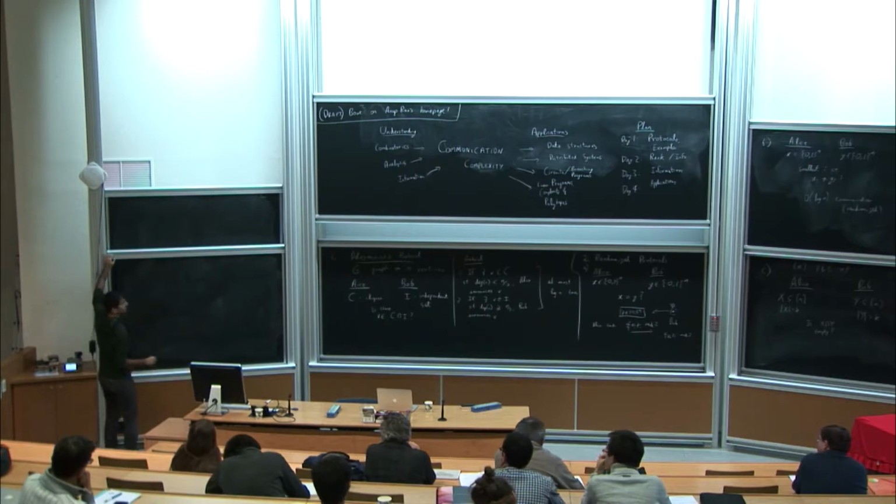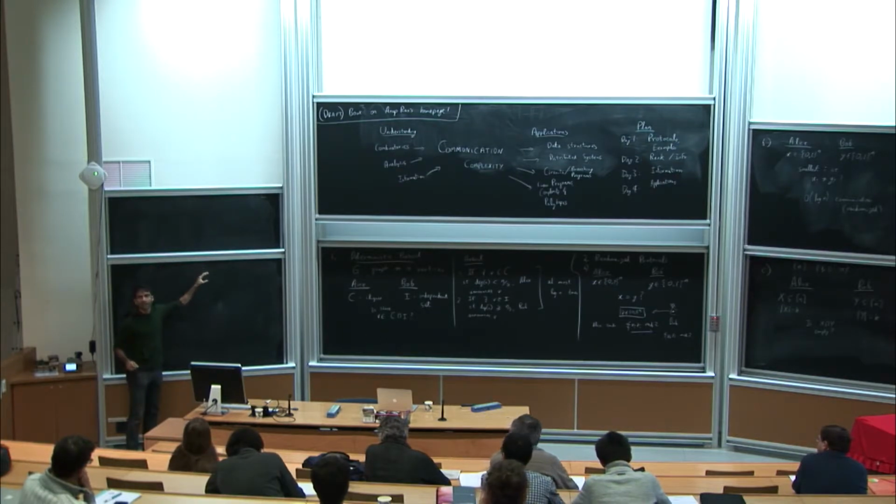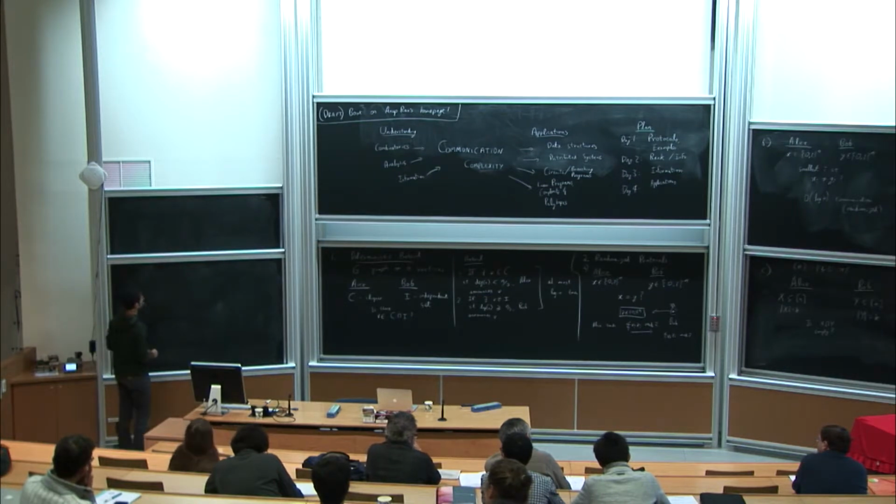So this is a protocol due to Hastad and Wigderson. And here's the idea. Again, I'm going to assume that we have access to a long string of common randomness, which can be got rid of with a small change in the complexity. But I'll assume that we have it. So what is the randomness going to be? It's going to be a sequence of uniformly random sets in this universe.